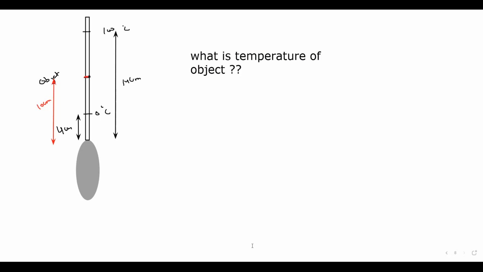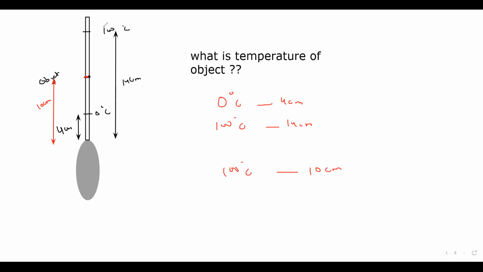Yeah, that's right. So when it is at 0 mark, it was 4 centimeter. When it is at 100 mark, it is 14 centimeter. So the difference from 0 to 100 is 10 centimeter.